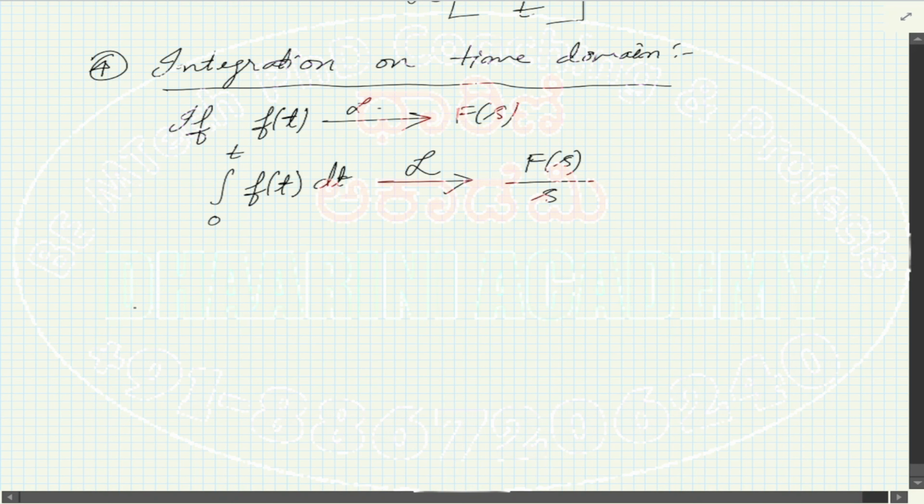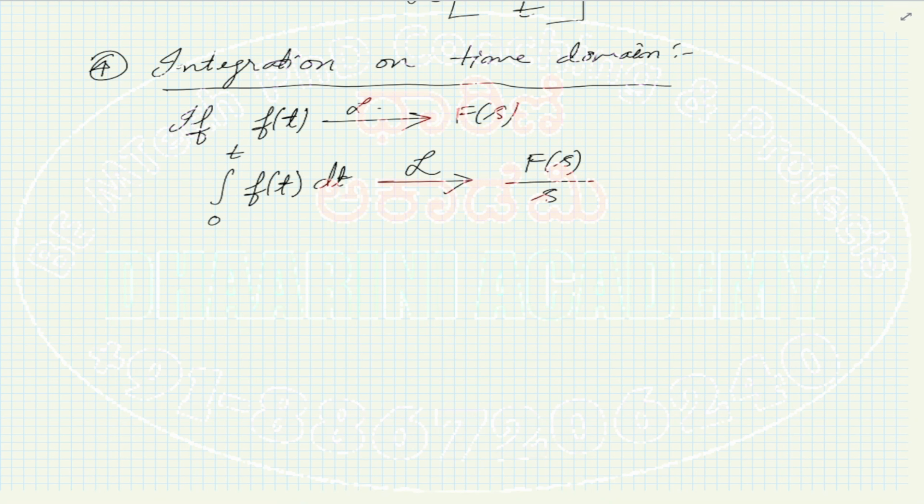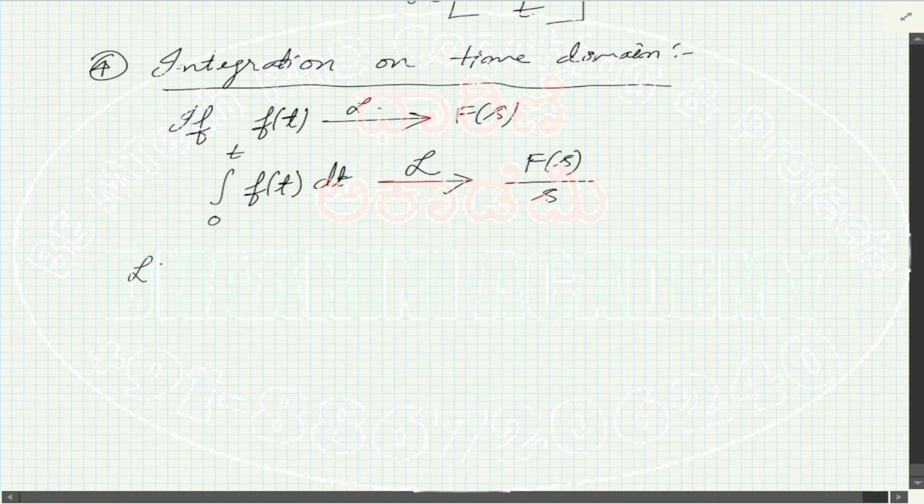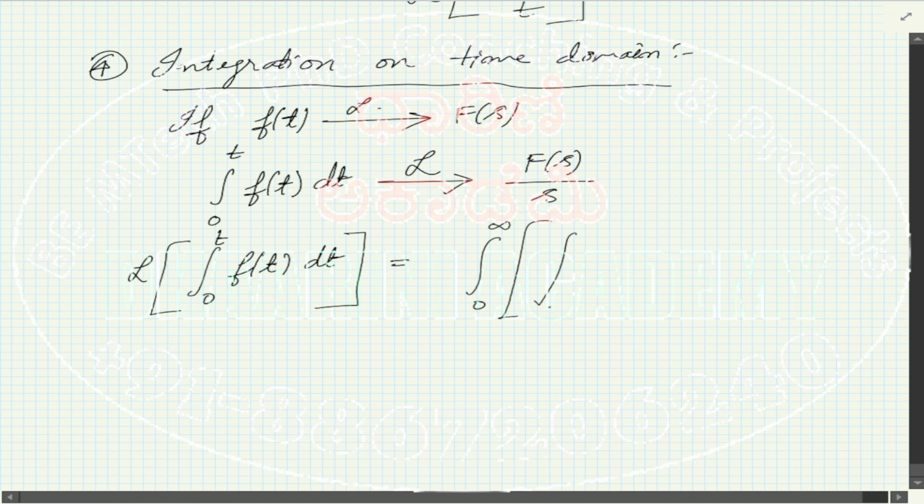So if I want to start writing this particular function in the following notation, that is Laplace transform of, okay, this is integral 0 to t f of t dt, right, should be equal to, this is integral 0 to infinity into integral 0 to t f of t dt into e to the minus st dt.